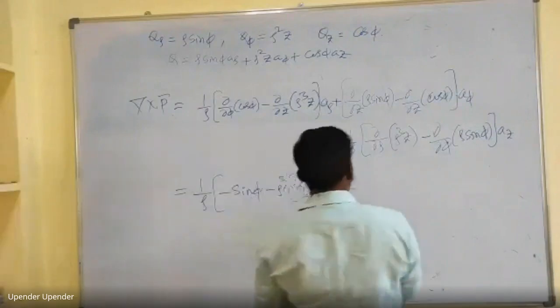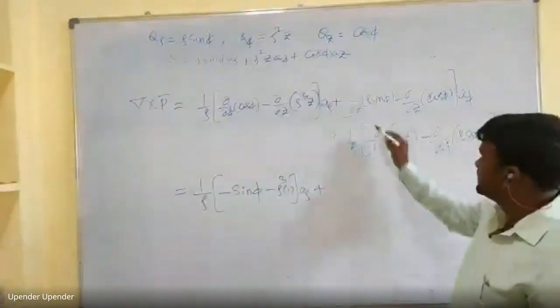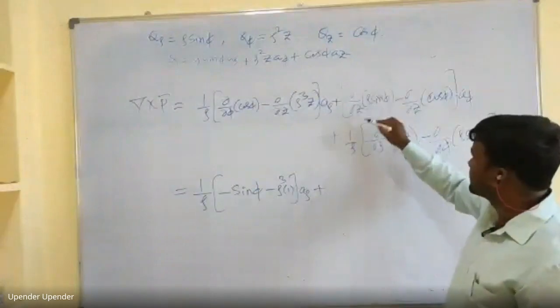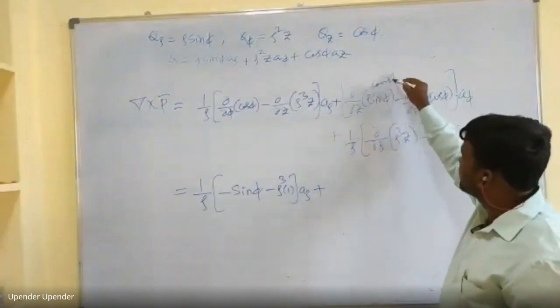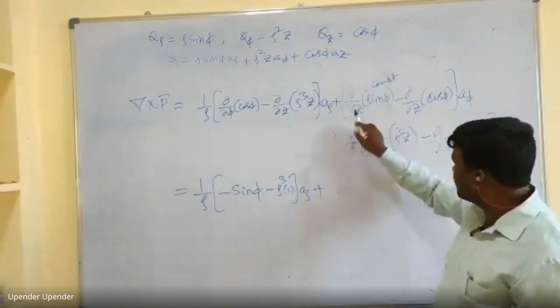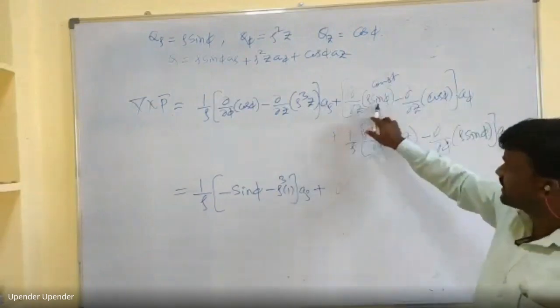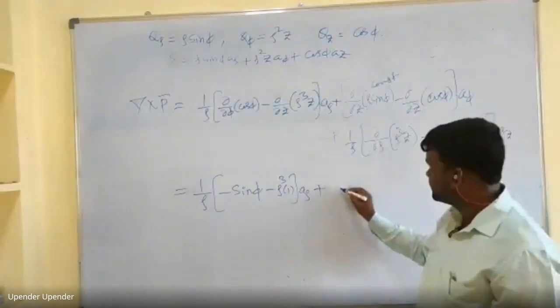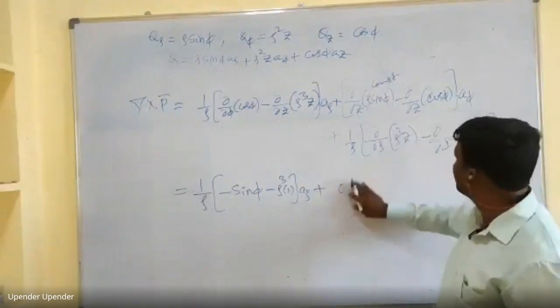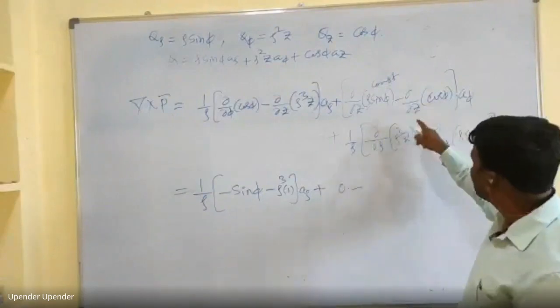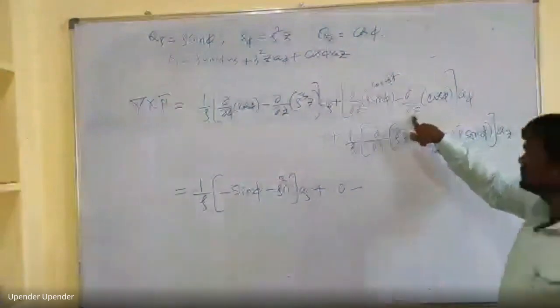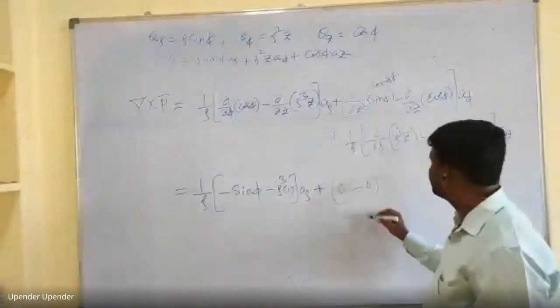Plus dou by dou z means here no z component. It is taken as constant. Partial differentiation with respect to z of constants is 0, so 0 plus 0 minus partial differentiation with respect to z of cos pi, that is a pi.